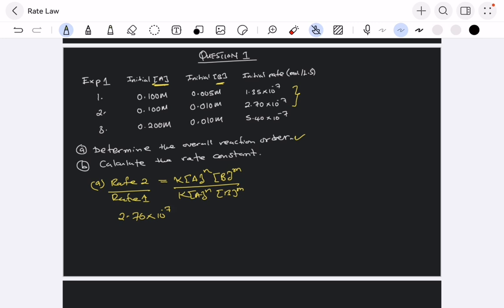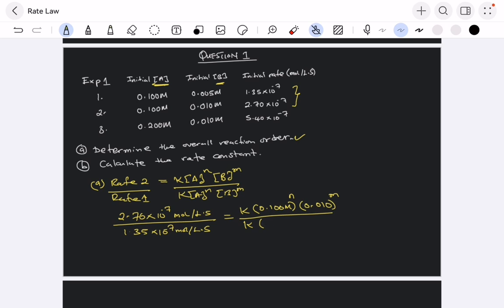Obviously you have to be consistent with the units, so mole per liter second, divided by 1.35 times 10 to the negative 7 mole per liter per second, is equal to K, then the initial concentration for 1 is 0.100, so I'll use molarity in this case, and then for B, I shouldn't forget the superscript m.